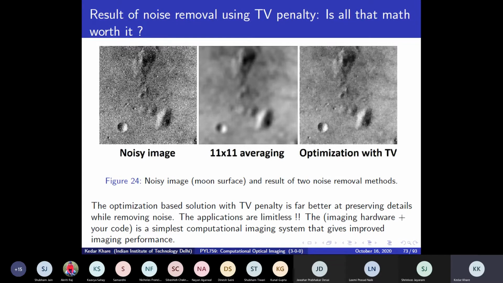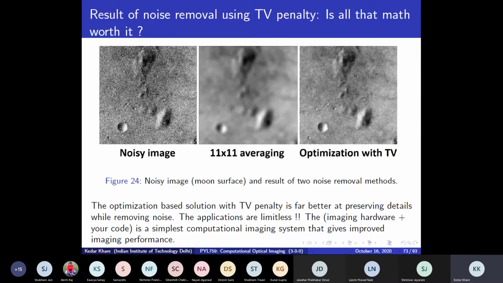What I'm showing you here is, if I had a telescope and camera, for example, I'm going to get the noisy image because the light levels are low, and within the exposure time, I may not get enough light. But the imaging hardware plus your code that I just discussed, TV minimization with optimization, is already the simplest computational imaging system, and that gives you improved imaging performance.